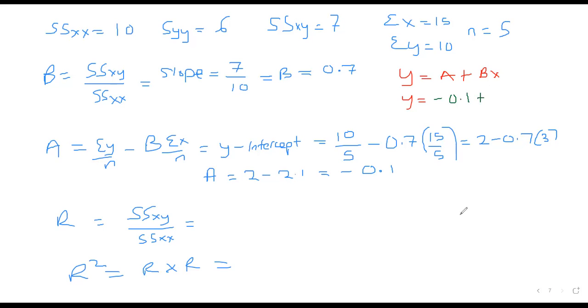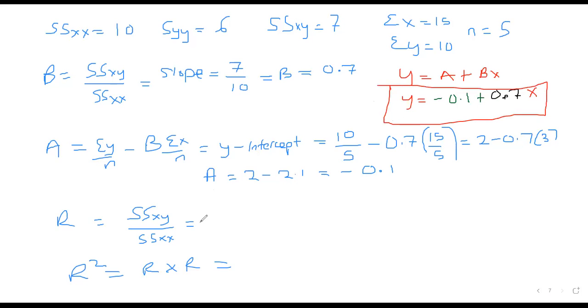And what did we find on B? 0.7. Then you leave out the x as it is, because this is now an equation. So just substitute your A and your B to find the regression equation. So this is our regression equation.